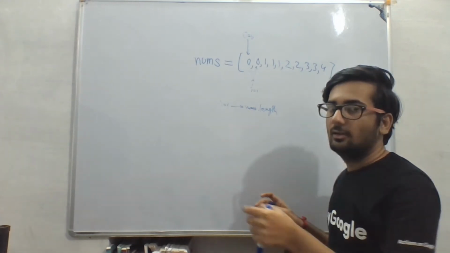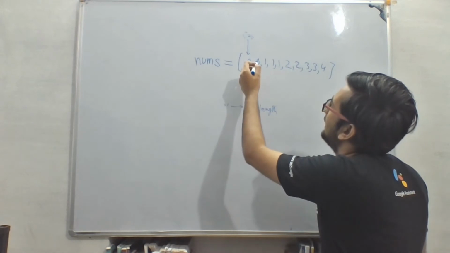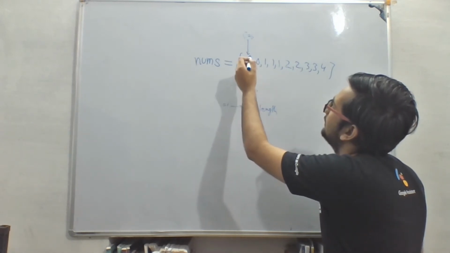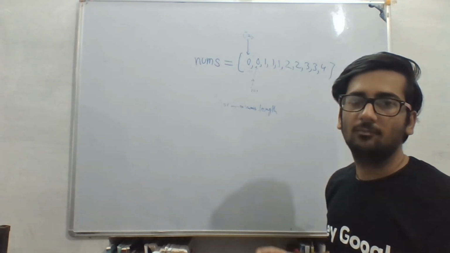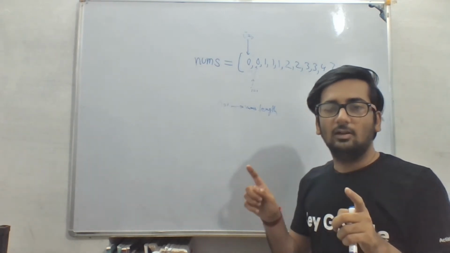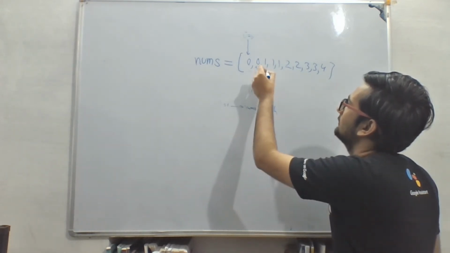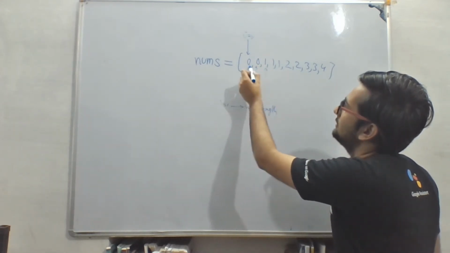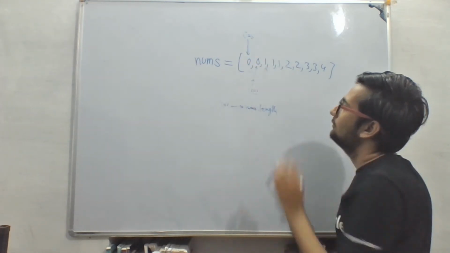So now we will iteratively check if the element at the ith position is equal to the element at the jth position or not. If they are equal, we will just move the pointer to the next. In this case, the element at this position is equal to this position.